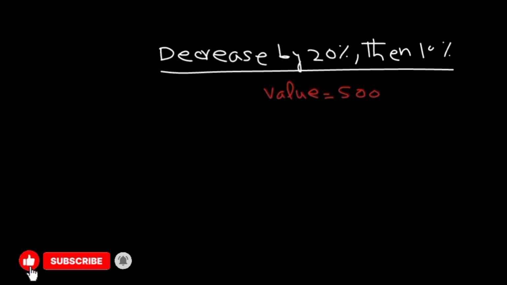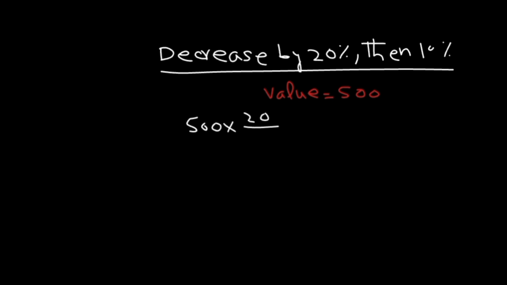Now we take another example, decrease by 20% and then 10%. Now the value is 500. So first of all we multiply 500 by 20 over 100.